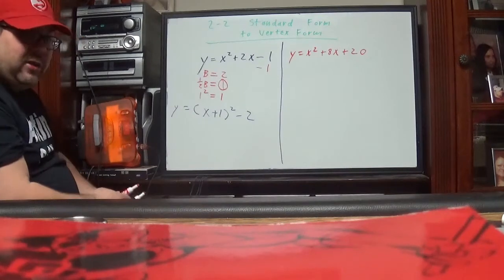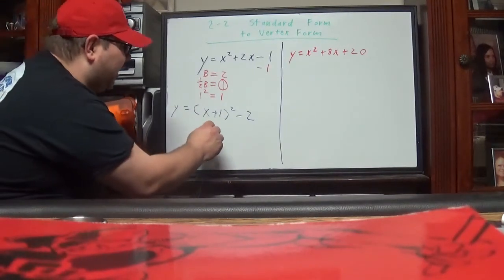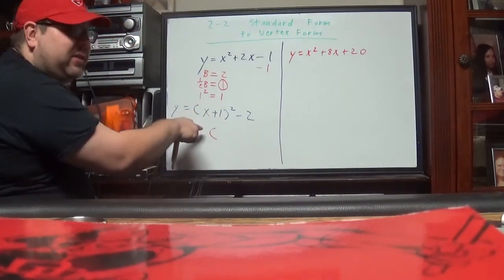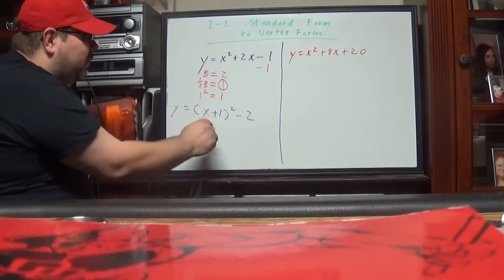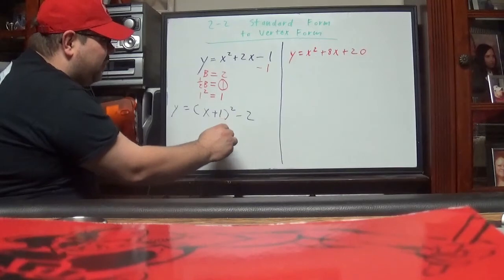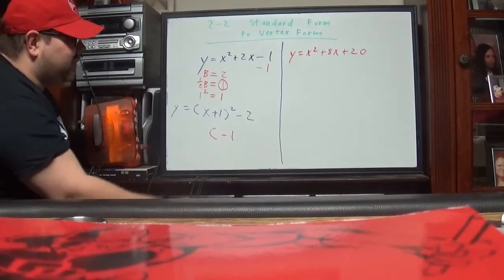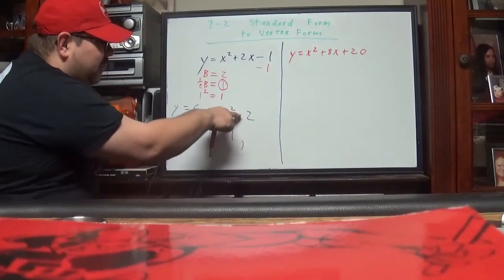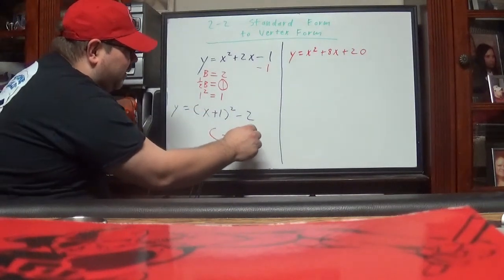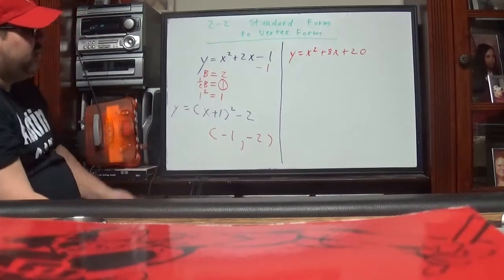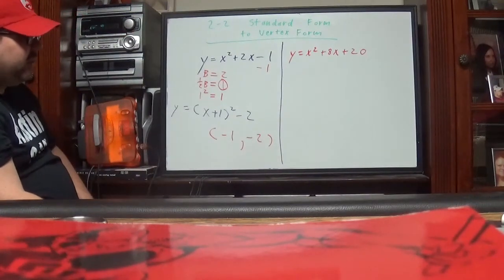And now we can graph it, starting by finding the vertex. Remember that when you find the vertex, if it's in vertex form, you take the number in parentheses, flip the sign, and make that the x value. And then the y value is the constant, and you don't flip the sign. So now we can easily find the vertex of this problem.